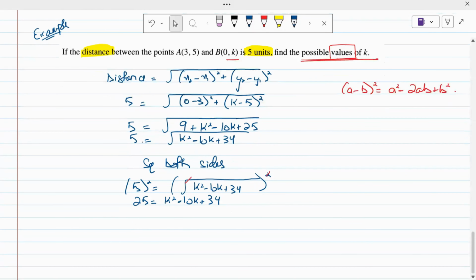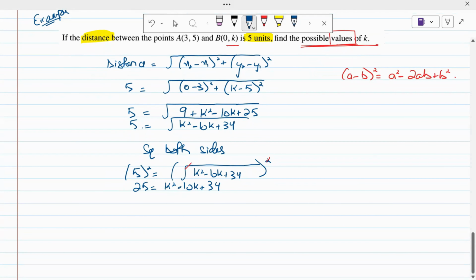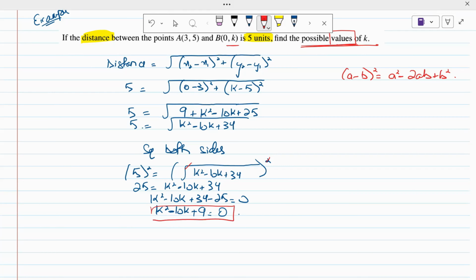Rearranging it, we get the equation as k square minus 10k plus 34 minus 25 equals 0. K square minus 10k, 34 minus 25 is 9, equals 0. And you can see that it's a quadratic form now.